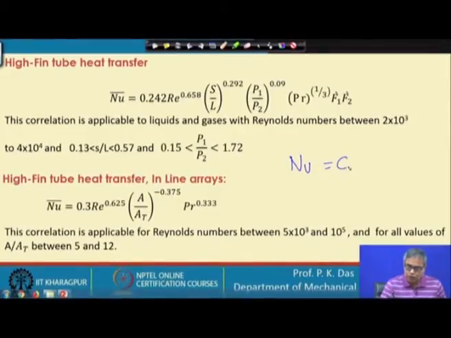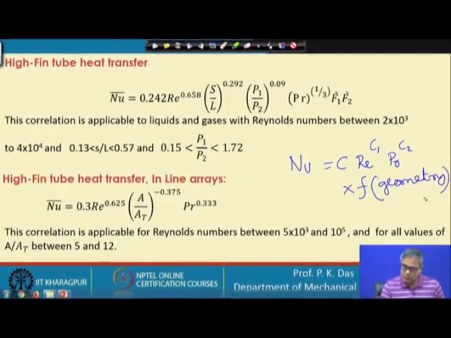Nu is equal to C Re to the power C1 and Pr to the power C2, and then probably it will be multiplied by some sort of a function of geometry, some sort of correction factor.